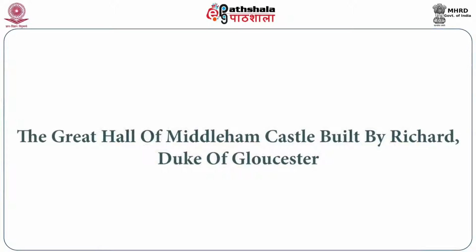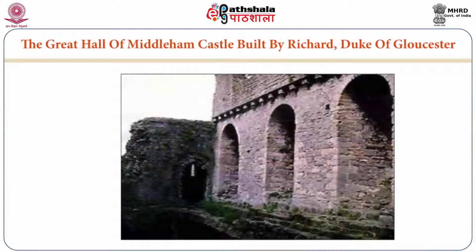Other important industries included lead mining, that is at Derbyshire, coal mining, especially in the north of England. London was vastly larger than any other English city. It played a crucial role in the development of an integrated national economy of England.